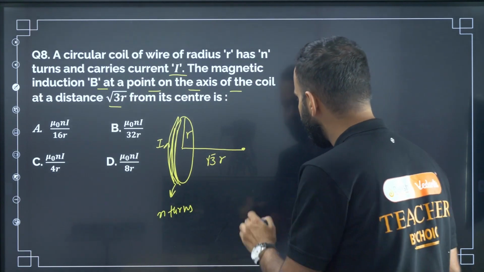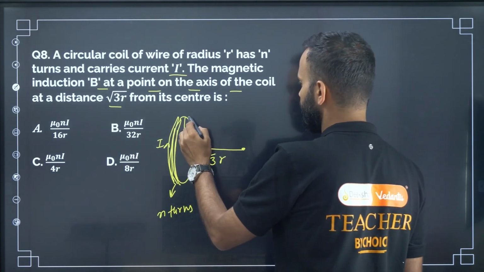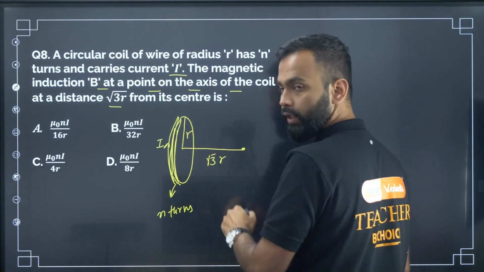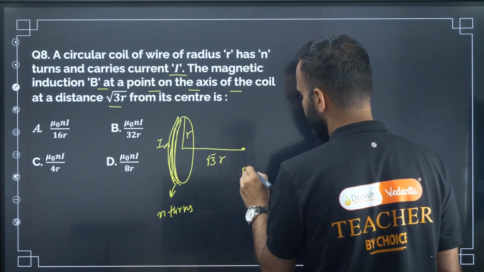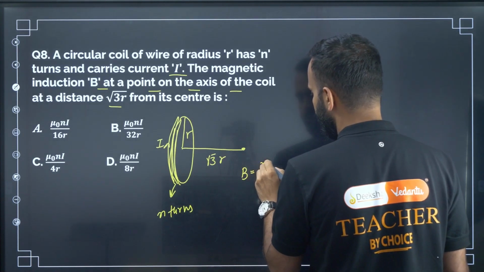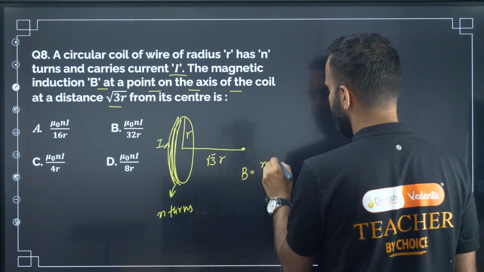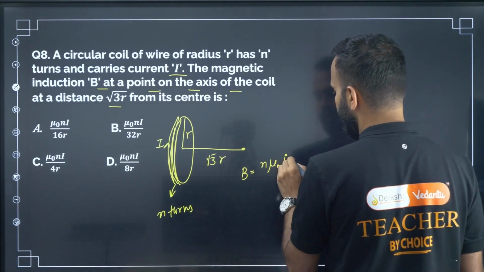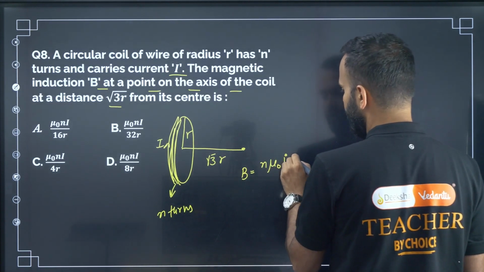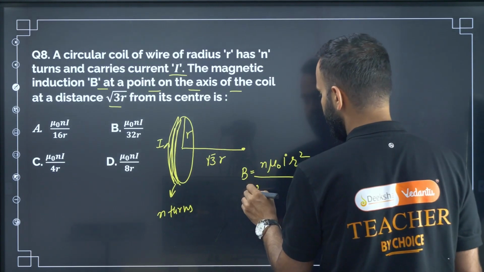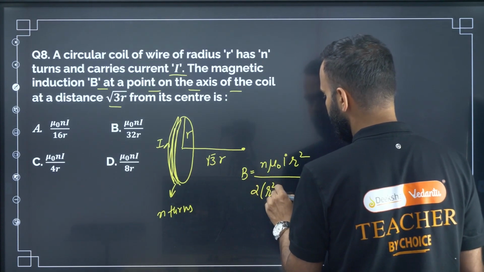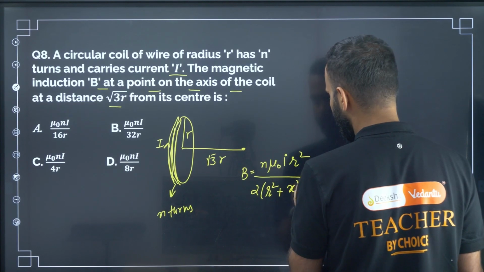So what is the magnetic field at this point? Here the magnetic field due to the circular coil is B equal to N into mu naught into I into R square, where N is the number of turns and R is the radius of the circular coil, divided by 2 into R square plus X square to the power 3 by 2.